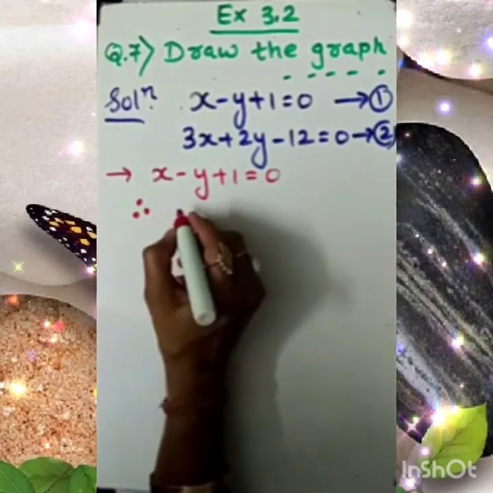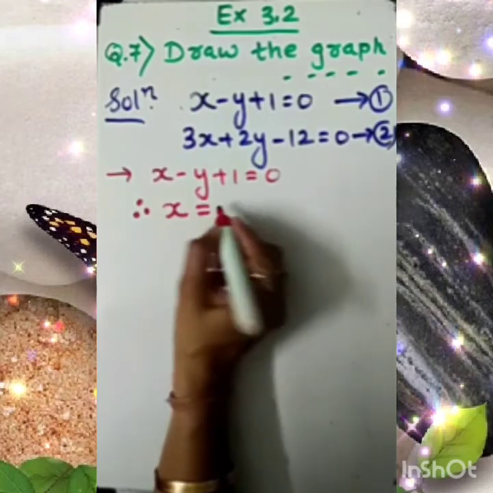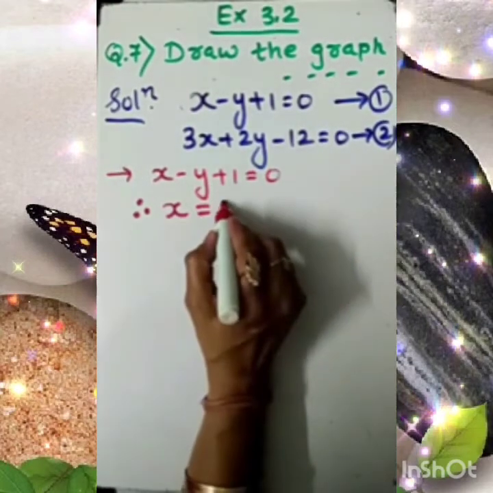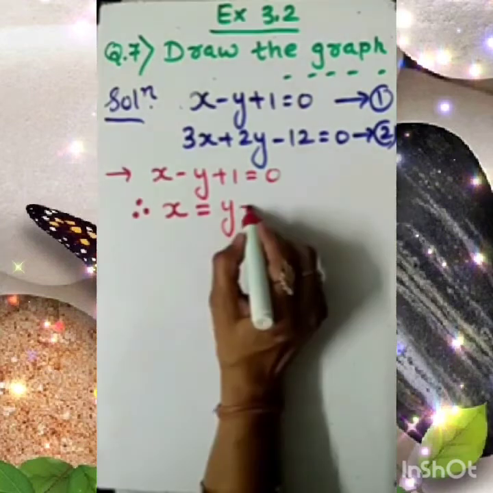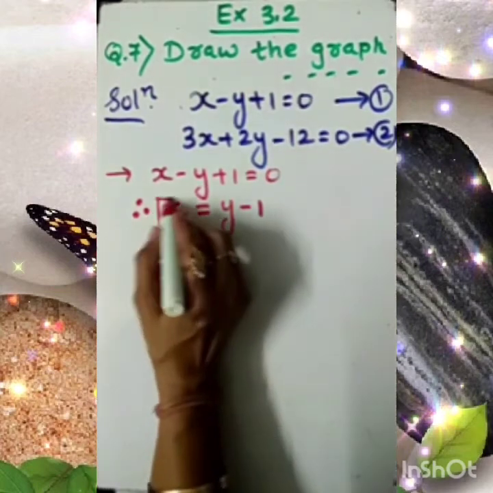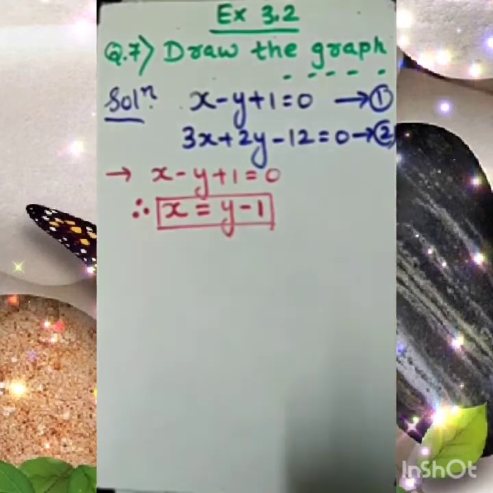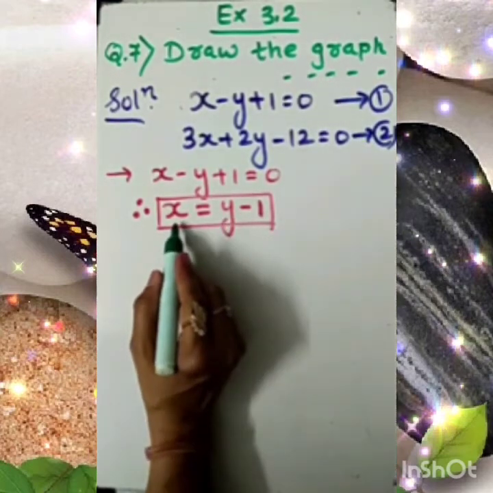If I want to make x the subject, then minus y will become plus y on the other side, and this plus 1 will become minus 1. Simple. So x equals y minus 1. Now in this equation, for different values of y, we will get the value of x.